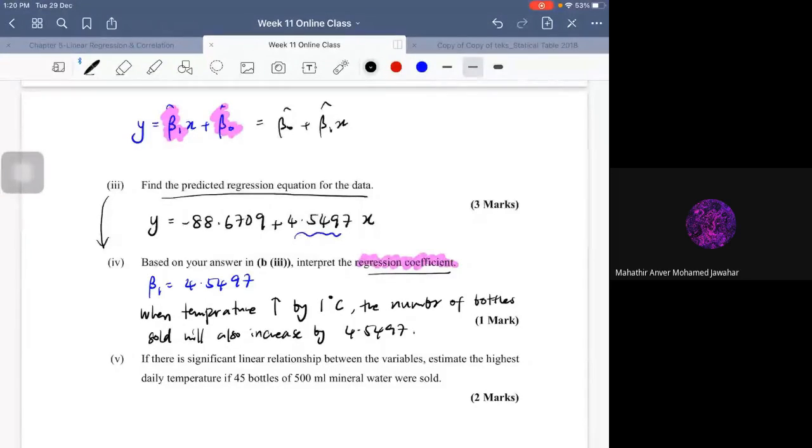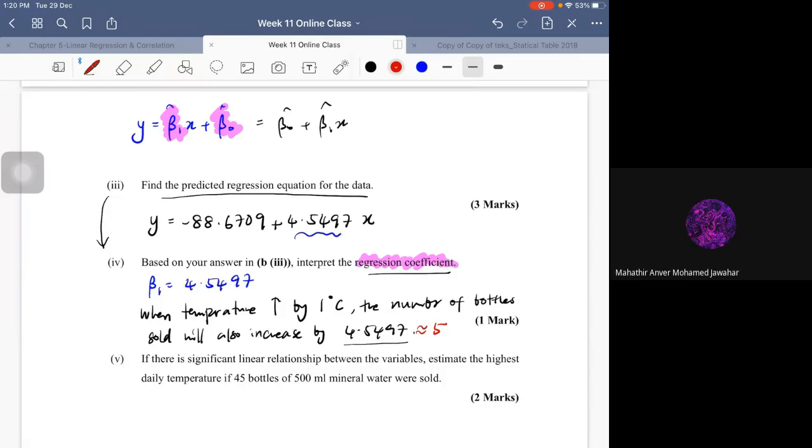So every 1 degree Celsius increase in temperature, the number of bottles sold is also going to increase by 4.5497. But of course, this is not going to be a very good interpretation. So we should say that it's increased by approximately 5 bottles, because we know that bottles cannot be in terms of decimal places.